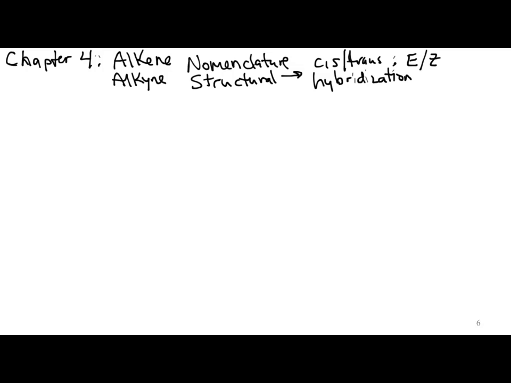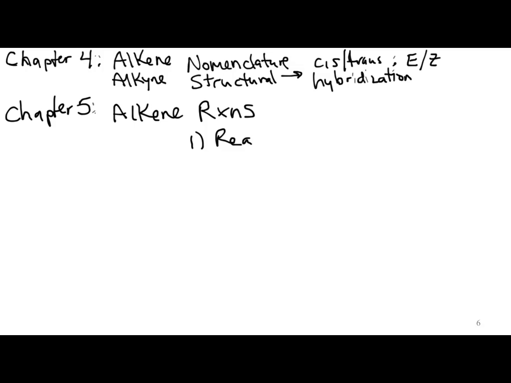Okay, we then moved into chapter 5. What was chapter 5 all about? Now we looked at alkene reactions. I'm just going to write RXNs. Okay, there were a lot of alkene reactions. And with each of those reactions, it's not just knowing the reagent, because the reagent's important.